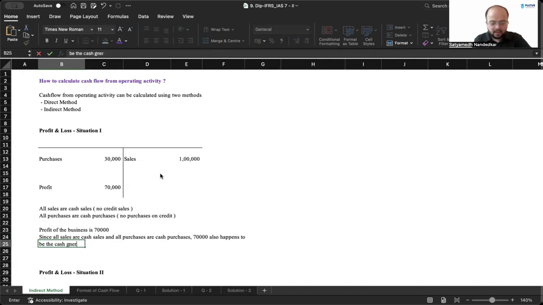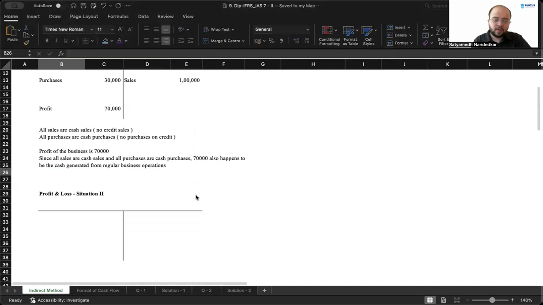the cash generated from regular business operations.